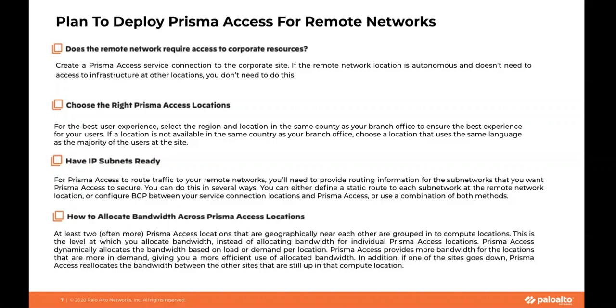But if you are running the 1.7 plugin today and have already deployed your remote networks, you cannot use the aggregate bandwidth feature. I will talk in detail about the aggregate bandwidth feature in our upcoming slides.